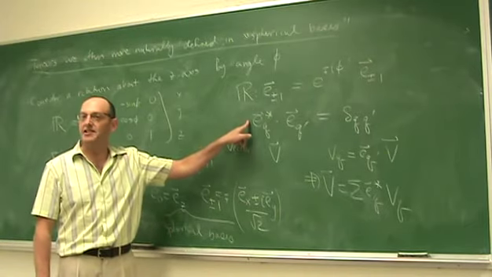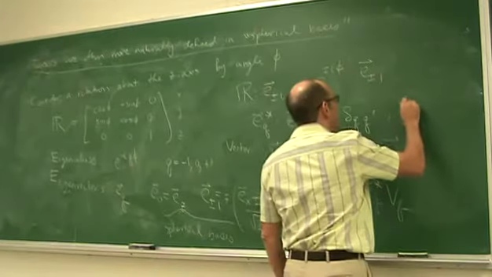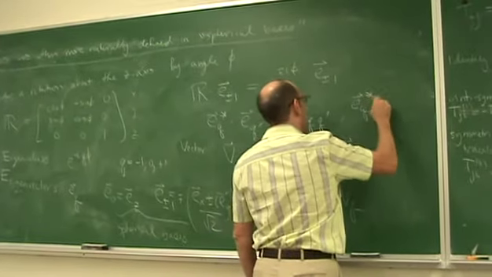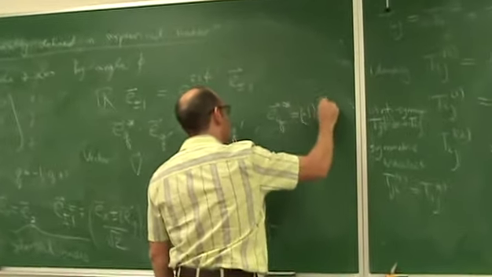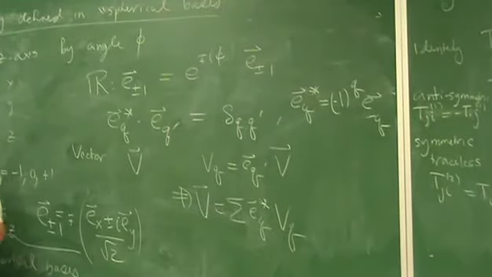Right, because of this relationship. Another thing we notice is that e_q star is equal to minus 1 to the q e minus q.